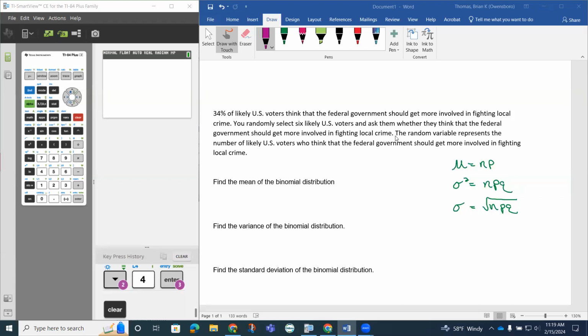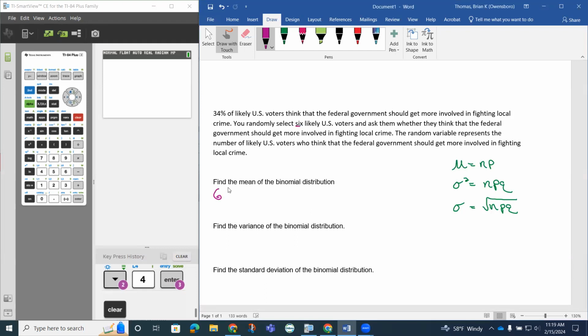The way we can find the mean is, all you have to do is multiply the number of trials times the probability of success in each trial. For our problem, the number of trials was 6, you selected 6.